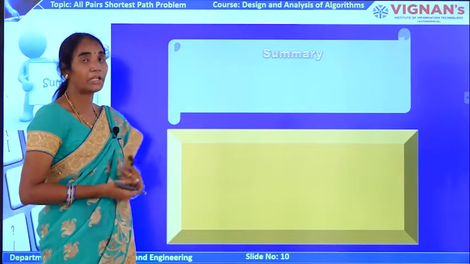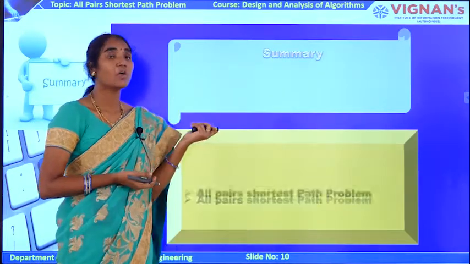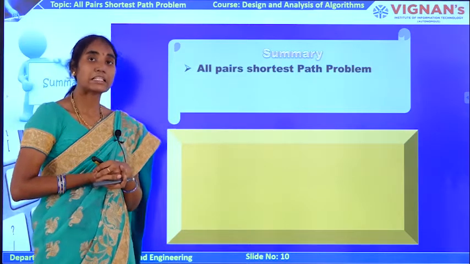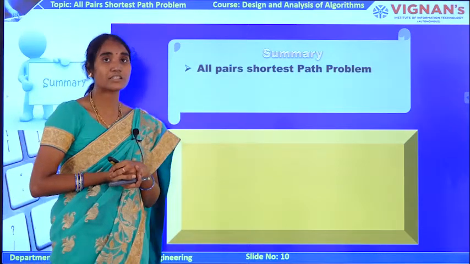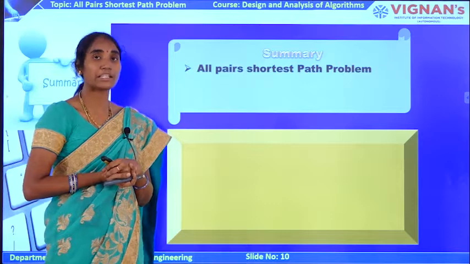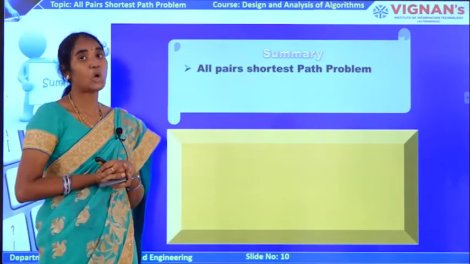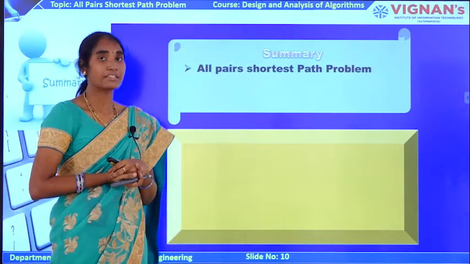Now, summary. Today we have seen what is meant by the all pair shortest path problem, that is finding the shortest distance among each and every pair of vertices for the given directed graph, and there should not be any negative length cycles.